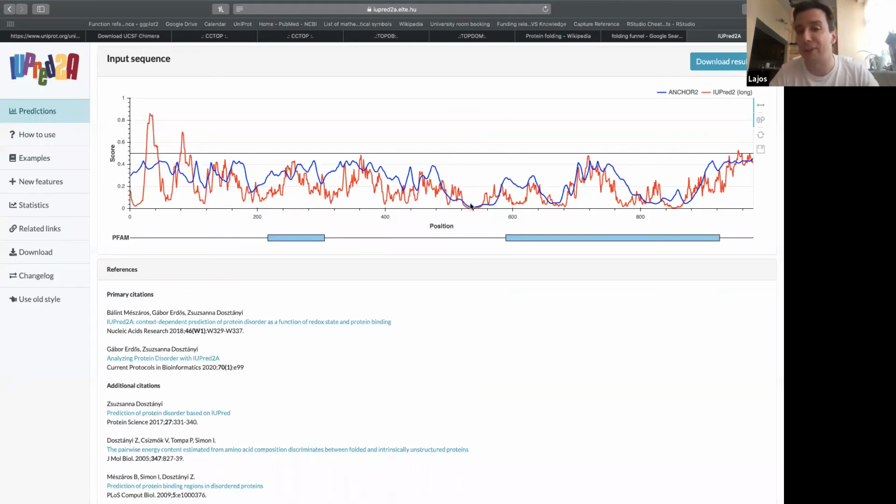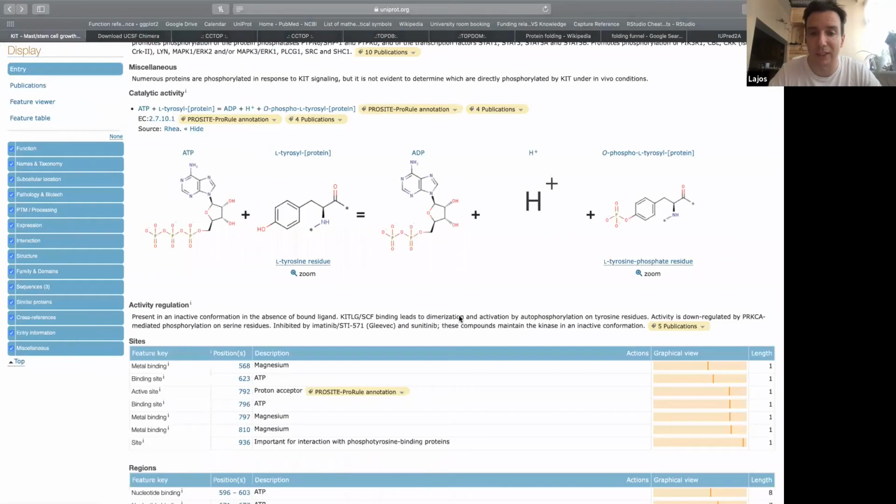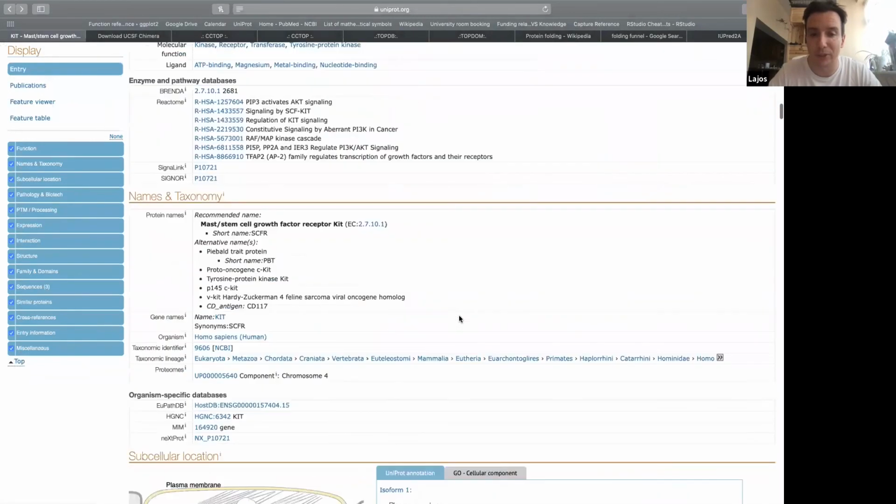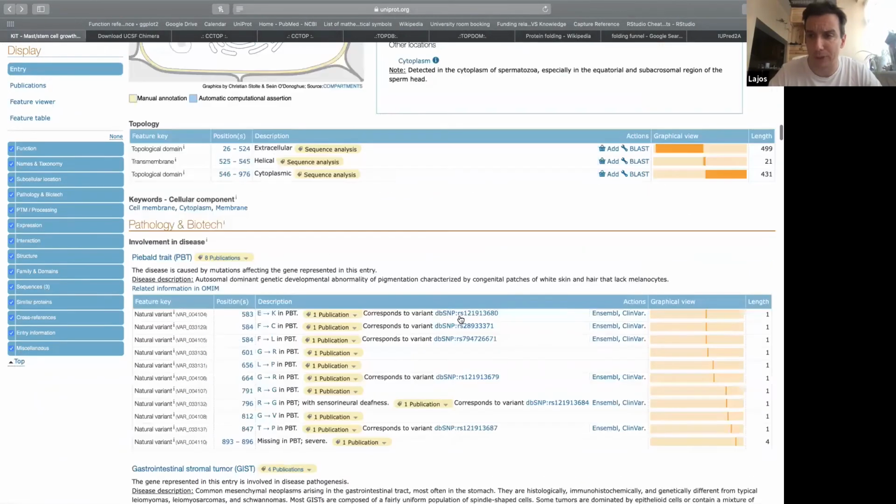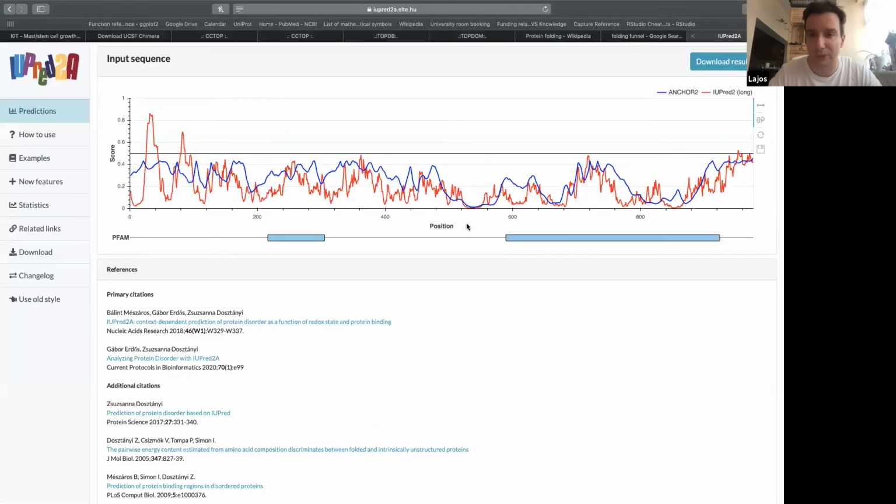If you go back to the structure and go back to UniProt, you will find out that yes, this protein has one transmembrane region, which is here between 525 and 545. So it is the same part as the very hydrophobic one.